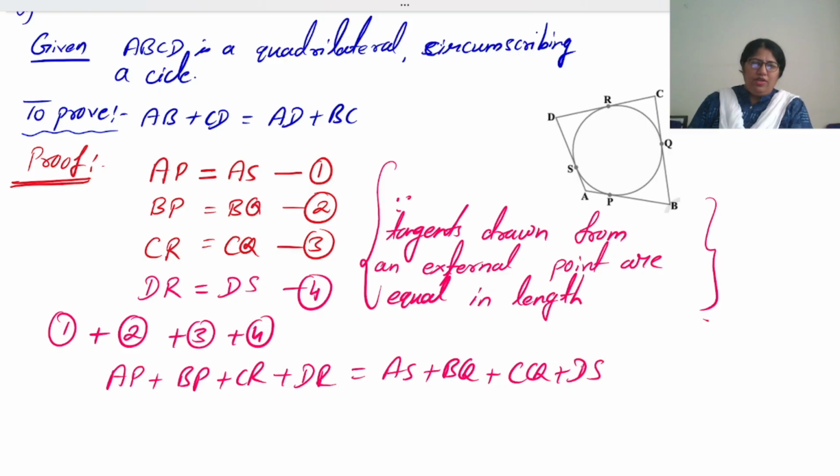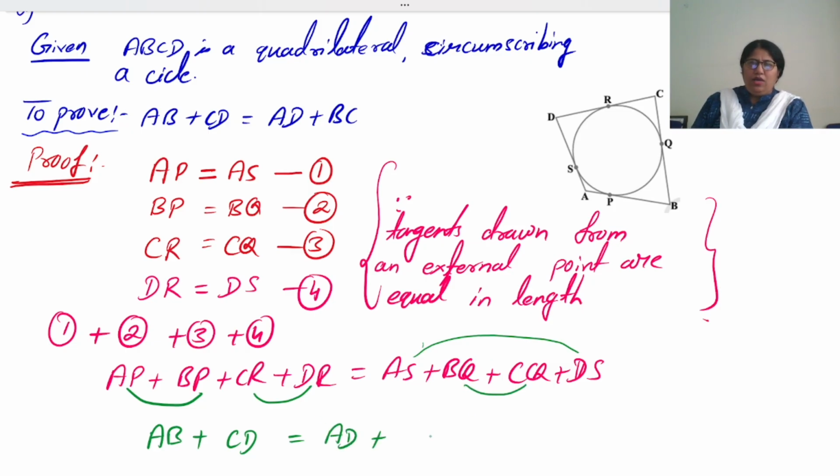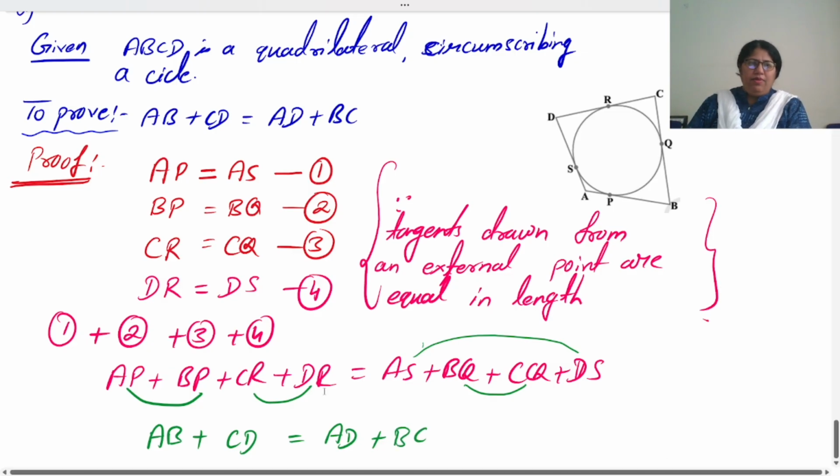Now observe that AP and BP together make AB, similarly CR plus DR make length CD. AS added to DS makes AD, and BQ and CQ together make length BC. Did we reach our result? AB plus CD is equal to AD plus BC.